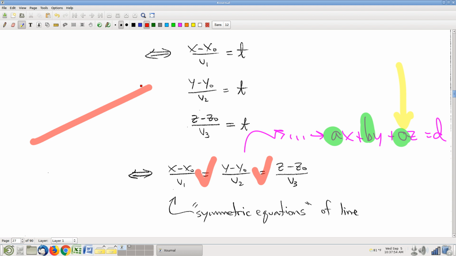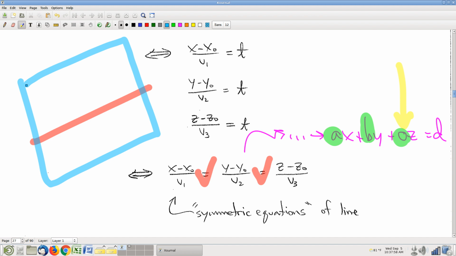Now, how do I know if a point is on this plane? To be on the plane, I only need it to satisfy that one equation. If a point satisfies both equations, it's a freebie that it satisfies the first equation. And therefore, anything that's on the line is also on the plane, or said differently, the plane contains the line.